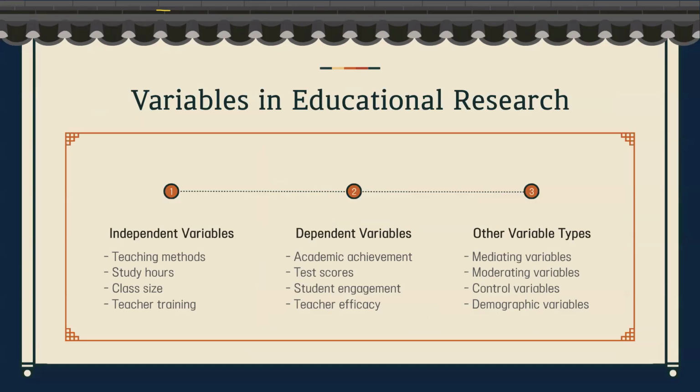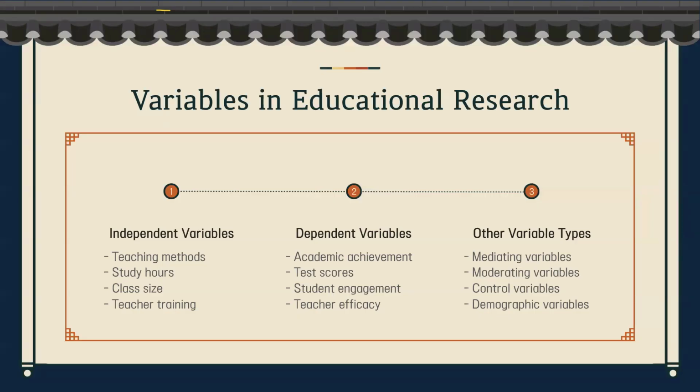Let's review variables. We have three main types. Independent variables are the variables that the researcher manipulates or changes, like different teaching methods or study hours.